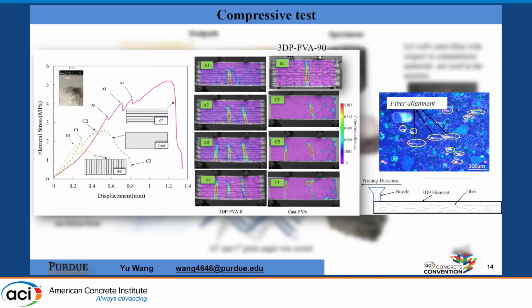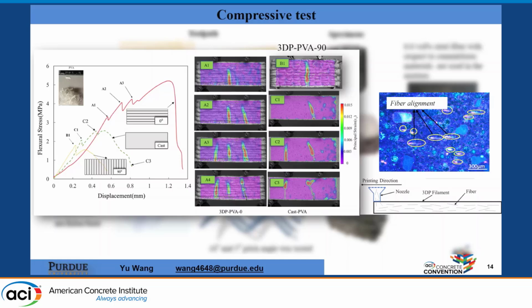So yeah, you can see, if we compare the 0-degree filament orientation when we do a 4-point bending test, it shows much higher flexural strength and overall deformation or displacement compared to the cast ones and also the 90-degree ones. It also gets more crack development, damage delocalization, and for the 90-degree one, you will just get a straight crack developed through the interface.